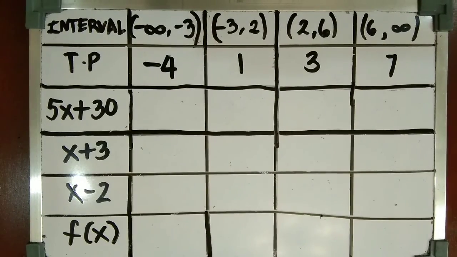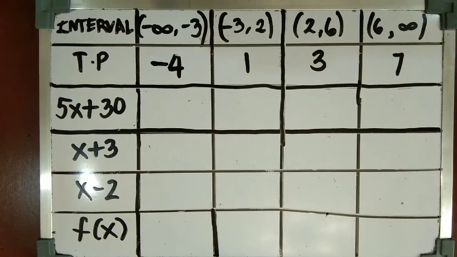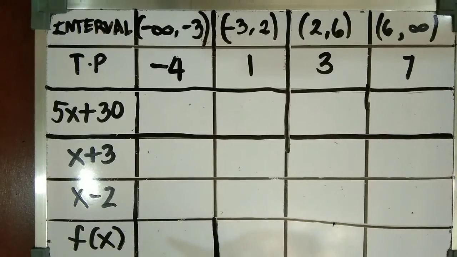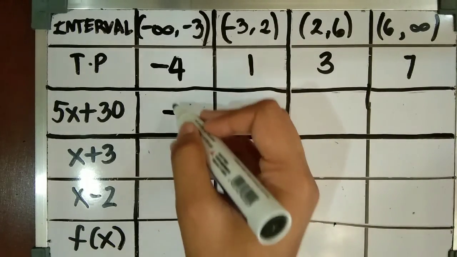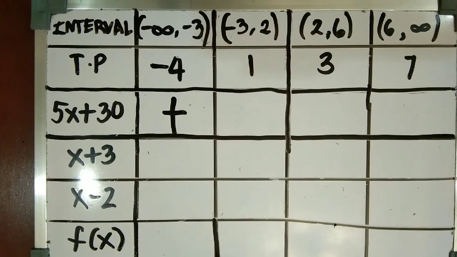Substitute the test point to x and get the sign of the answer. 5 times negative 4 plus 30 is equal to 10. It is positive. 5 times 1 plus 30 is equal to 35.